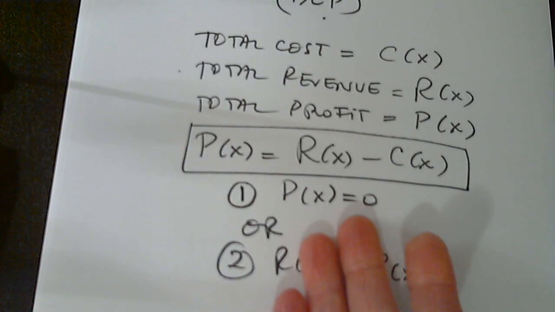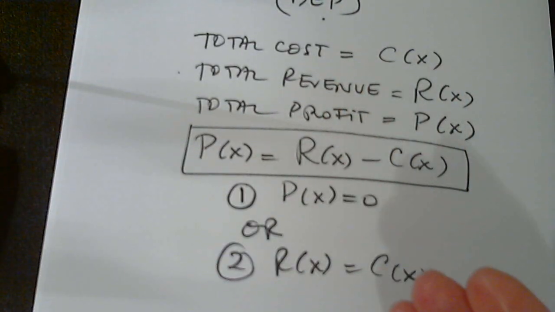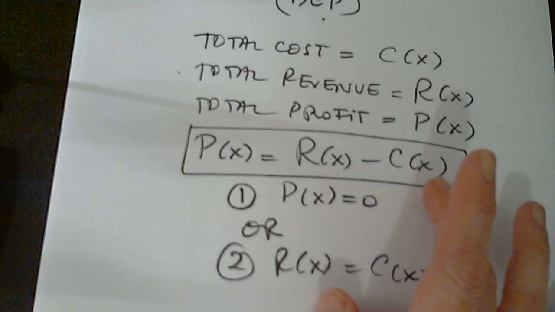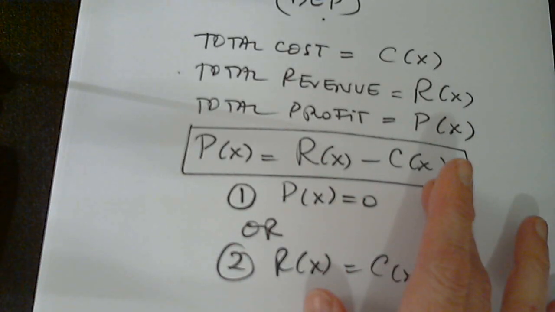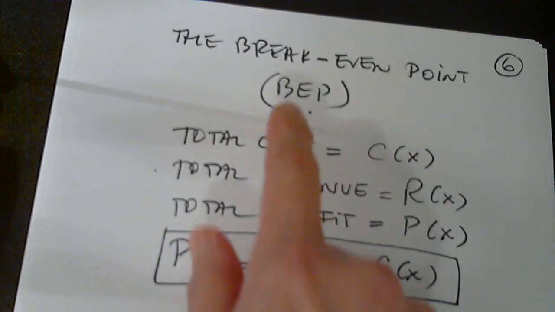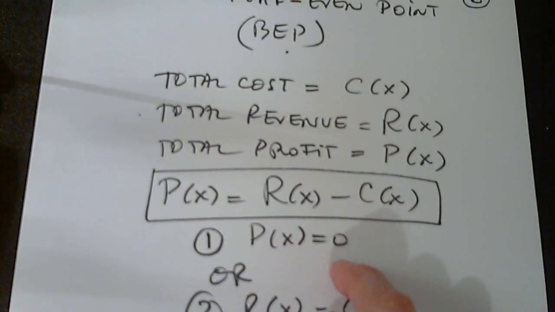So the break-even point is when the company should start making money. In other words, the revenue covers up the costs. So when the revenue equals the cost, we get the break-even point. Or you can say when the profit is 0, then we get the break-even point.